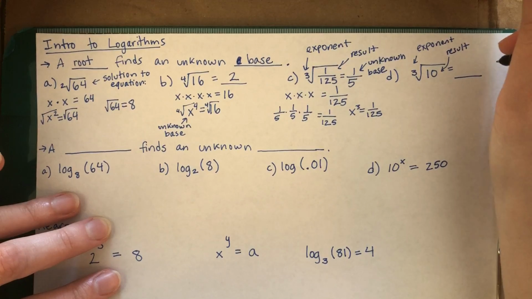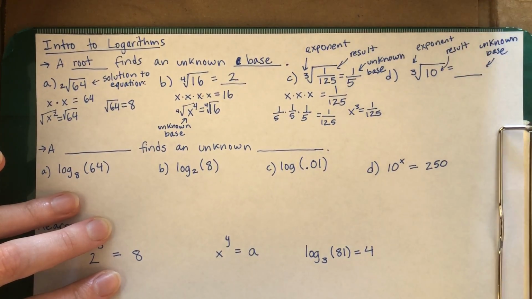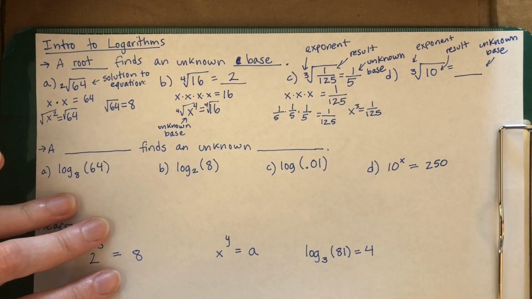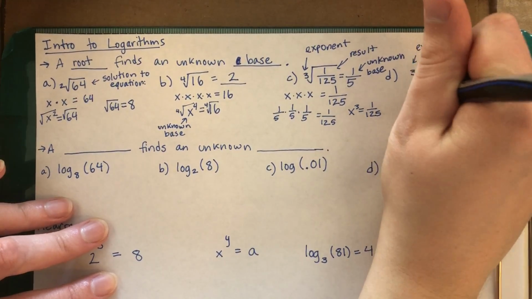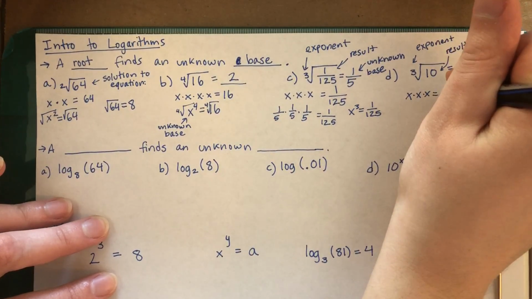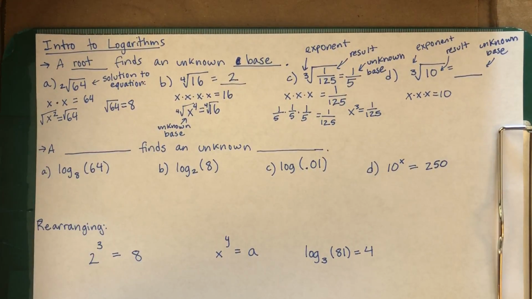And what this equals should be the unknown base. So, can we think of a number where we multiply the same number by itself 3 times and we get 10?